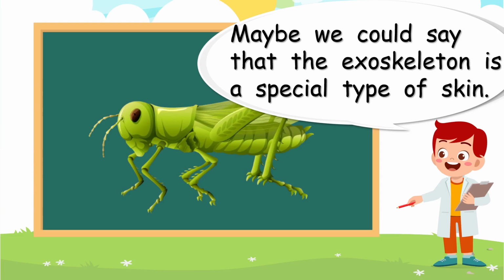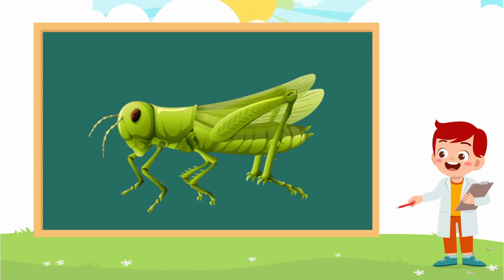We could say that the skin is the outer protective layer of any animal. Then that means that the exoskeleton of the insect is their skin. Very beautiful. I do like insects.